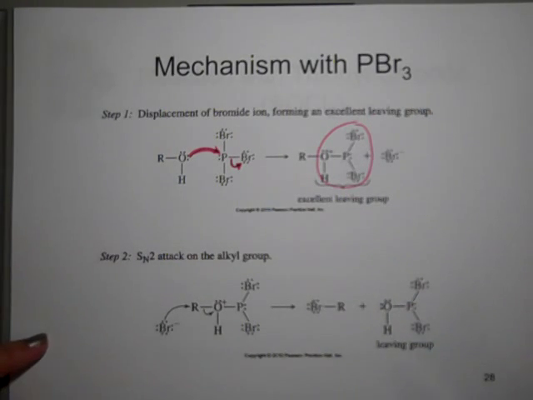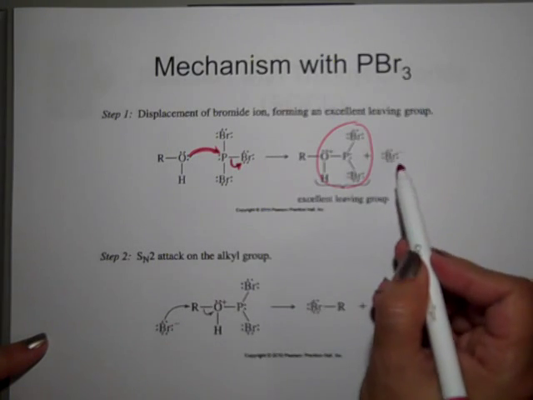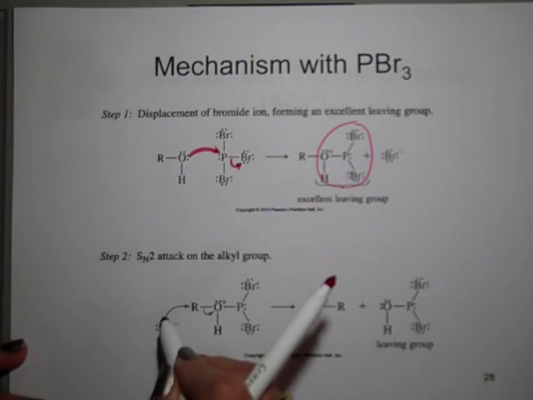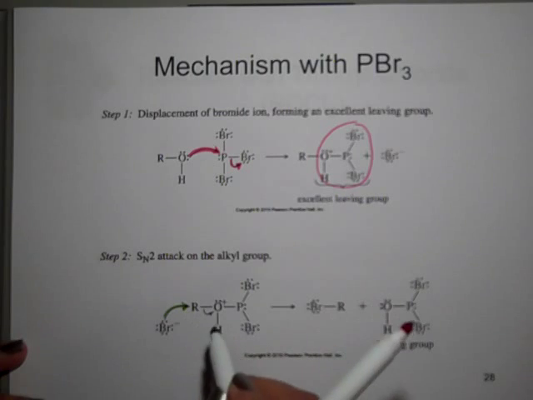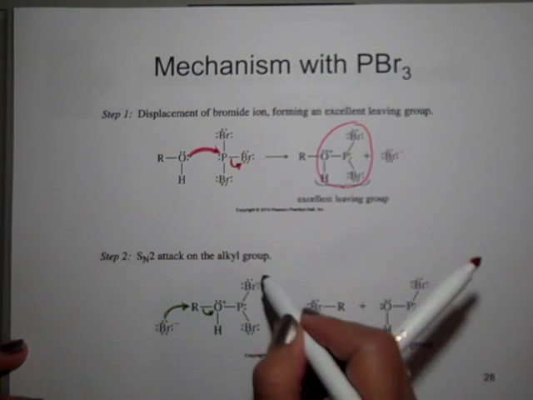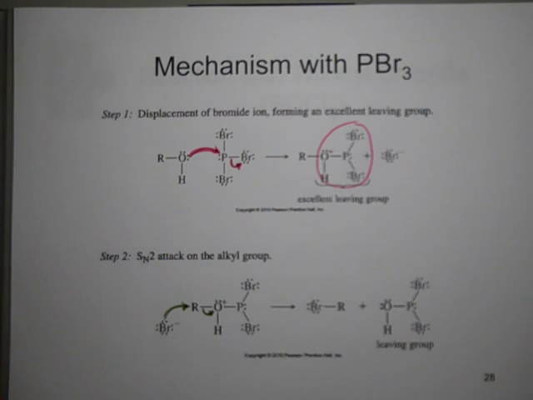What does a leaving group do best? Then it leaves. So the halide that we displaced, the disgruntled halide, will attack the carbon, and that will displace your whole leaving group. And that's how you get your OH substituted for your halide.